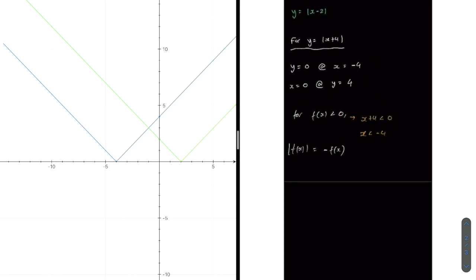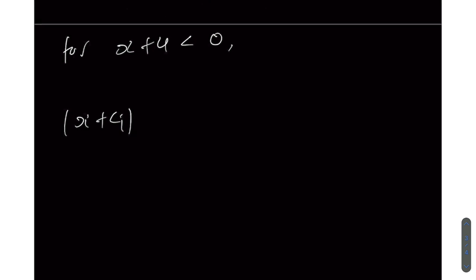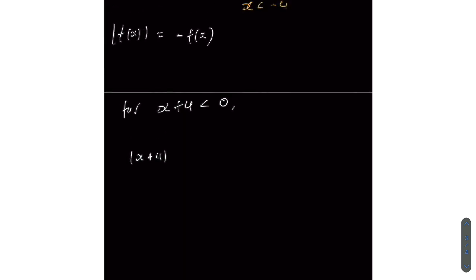This implies that for x plus 4 smaller than 0, just to illustrate one example, the absolute value of x plus 4 is equal to negative x plus 4.